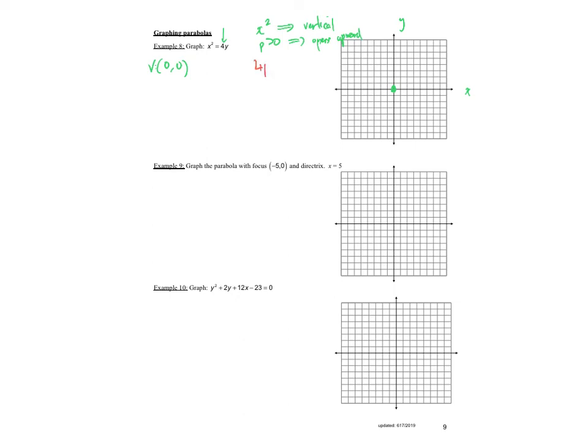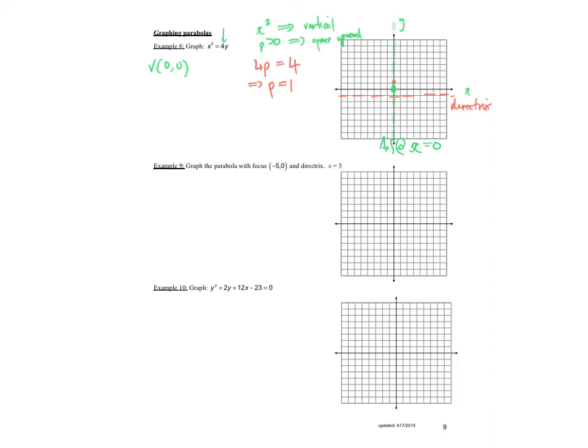Well, comparing, we know 4p is always that coefficient, in this case 4, so that means that p will be 1. So I have a parabola that's opening upwards, so that means my focus will be 1 unit above the vertex. My directrix will be 1 unit below the vertex, and the axis of symmetry will skewer through the vertex and the focus at x equals 0.